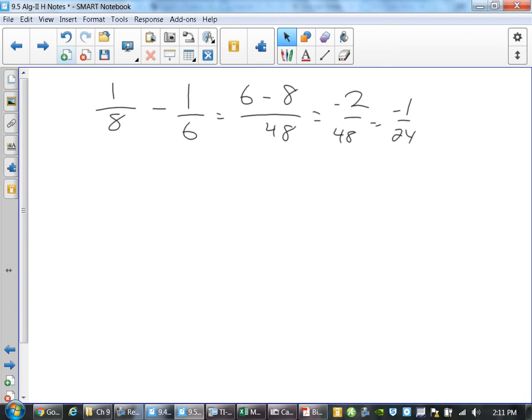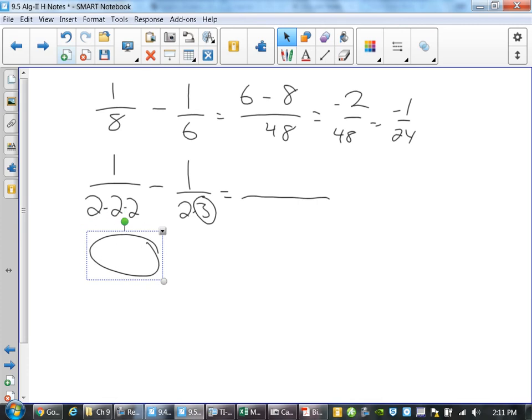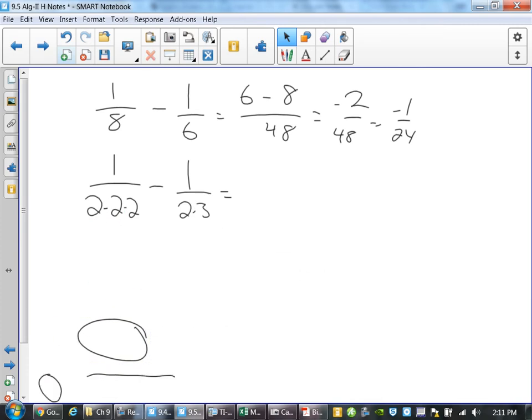Do you remember how you got least common denominators via prime factors? Prime factors. How do you rewrite 8 as prime numbers? And 6? So what do they have in common?